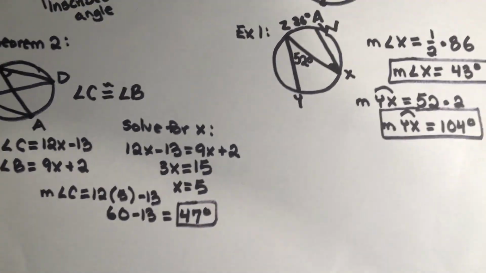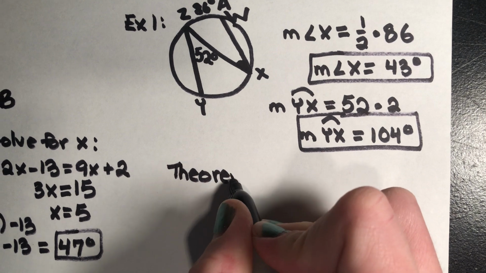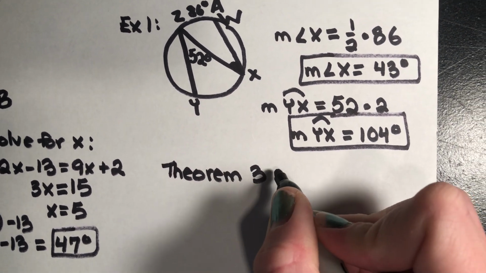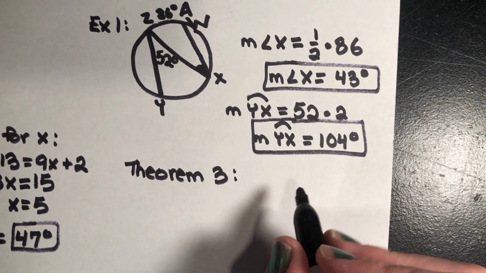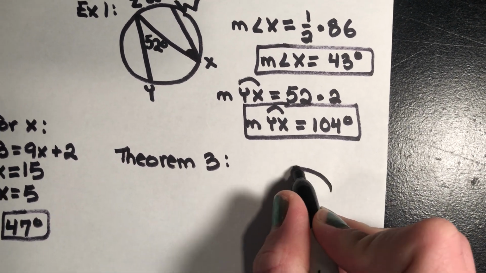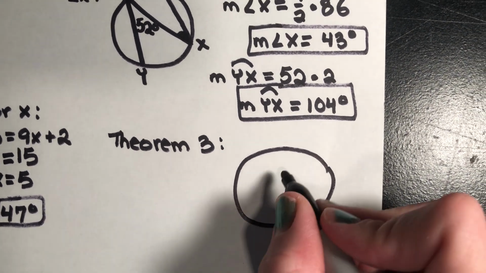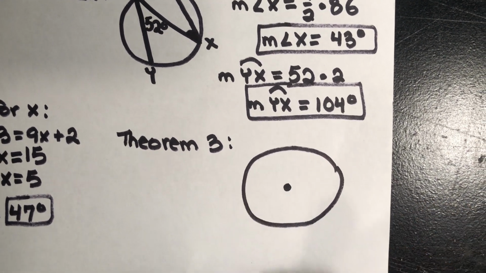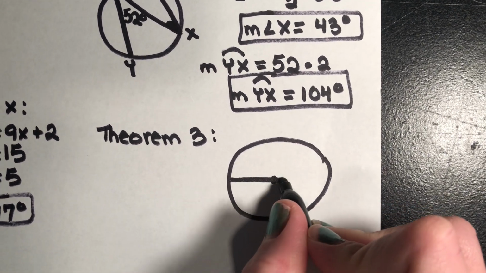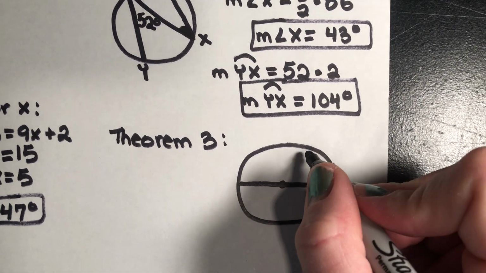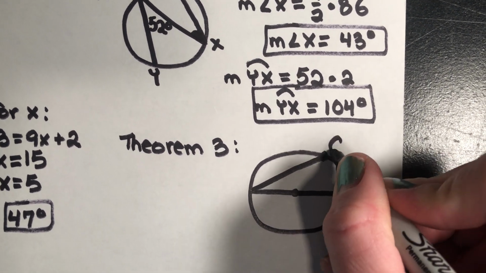Theorem 3. If we have an inscribed angle in our circle, here's a circle, and the inscribed angle intercepts the diameter, so here's our diameter, and our inscribed angle, I'll go point G here.